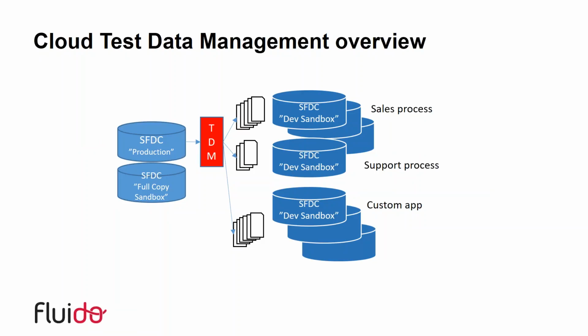Now I have data in the production. I have just refreshed the sandbox, so I don't have any data there. And I will now create a configuration in the TDM, test data management solution, to populate my standard and custom object data into my developer sandbox.